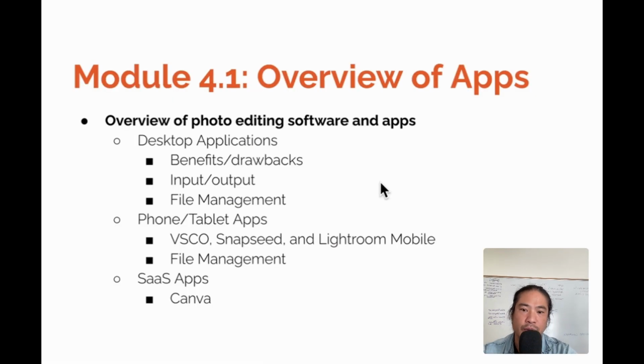All right. So, Module 4, Part 1, Overview of Apps. There are plenty of apps that you can check out. There's apps on your phone, there's apps online. There's also apps that you can purchase, such as Lightroom and Photoshop. Those are a little bit more involved. But I want to talk a little bit about some of the drawbacks and benefits of editing on your phone versus on the computer.